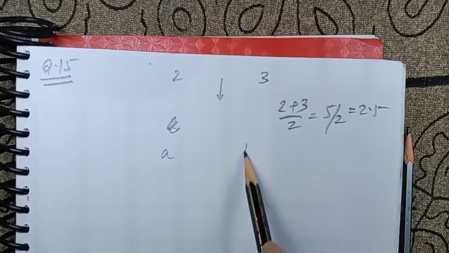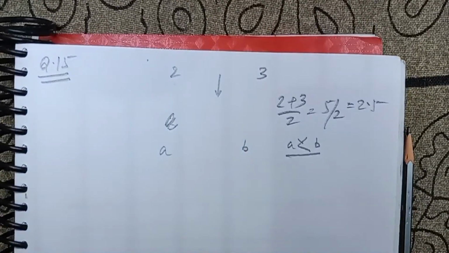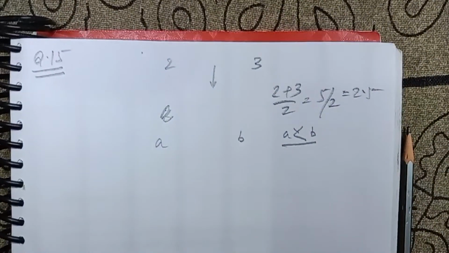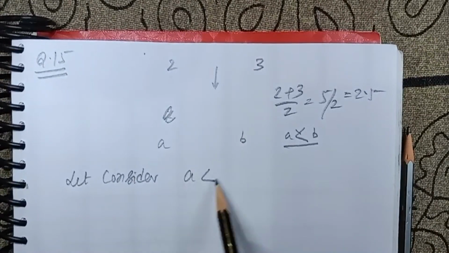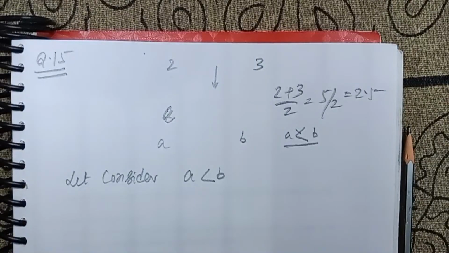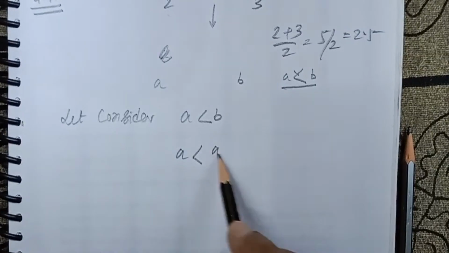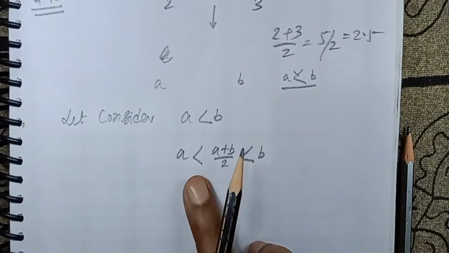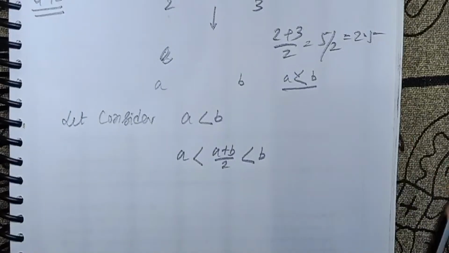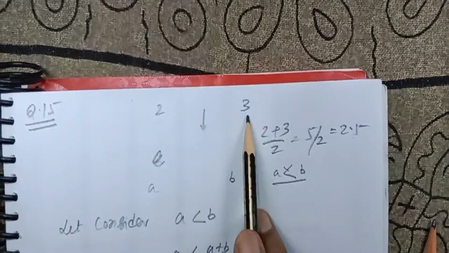If it is A, this one is B. We are considering A is lesser than B. That means (A plus B) by 2 should be greater than A and lesser than B. 2 plus 3 by 2 is 2.5, and 2.5 is greater than 2 but lesser than 3.